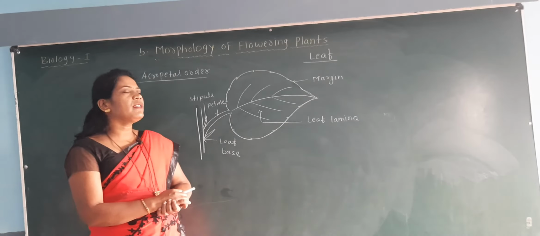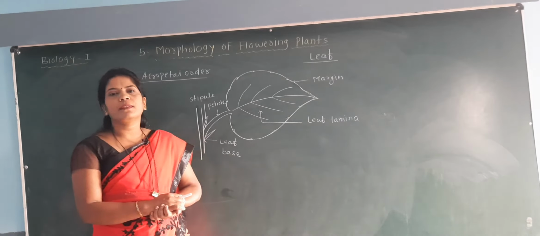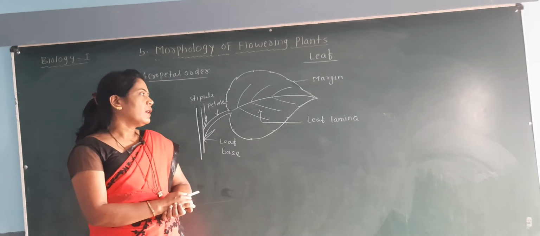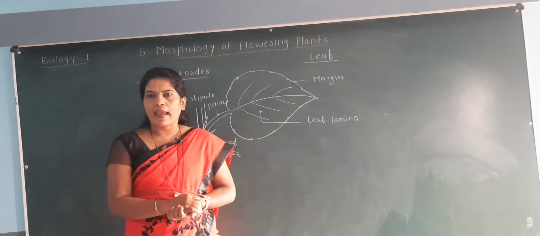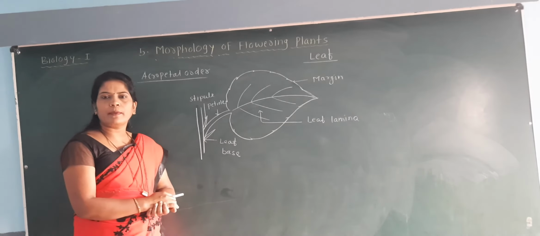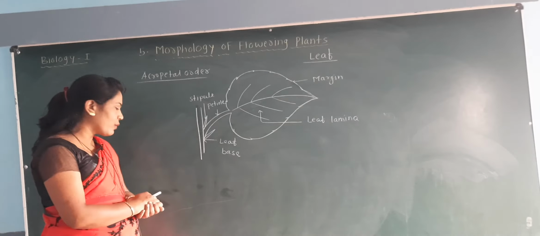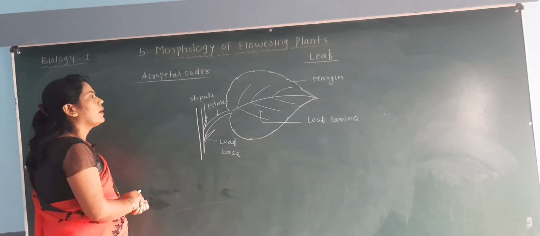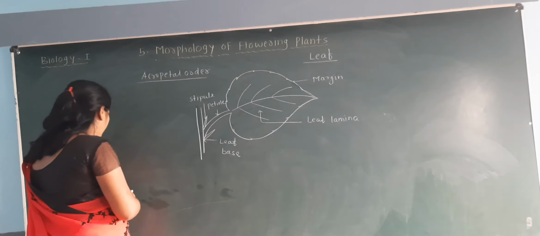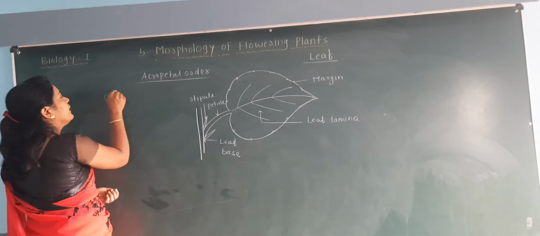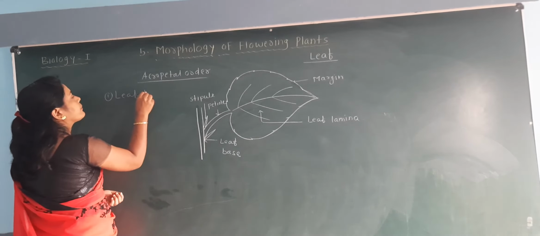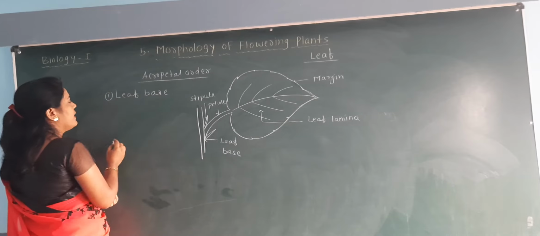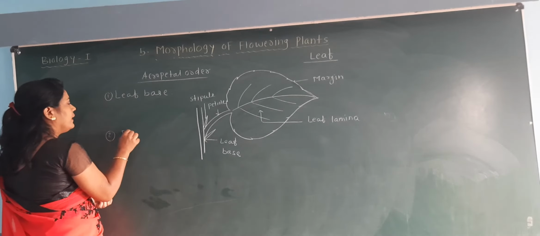Okay, so this is about the leaves arrangement on the plant. So here we have sketched the diagram and you have to remember the three major parts of this diagram, or the parts of the leaf. First one is called the leaf base. Second one is the petiole.